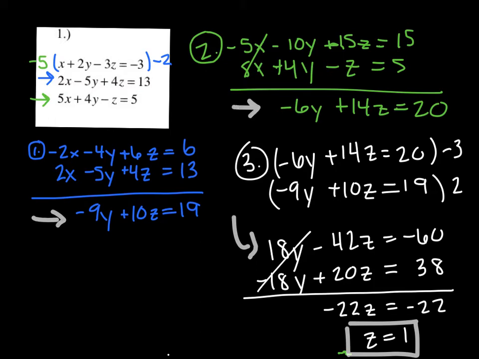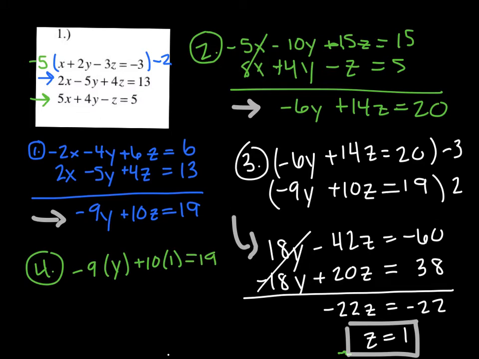So now you guys can go ahead and plug that z value into either one of the two equations that you solved for. So I am going to plug it into that first one. So negative 9 times y, which is what we're solving for, plus 10 times 1 equals 19.